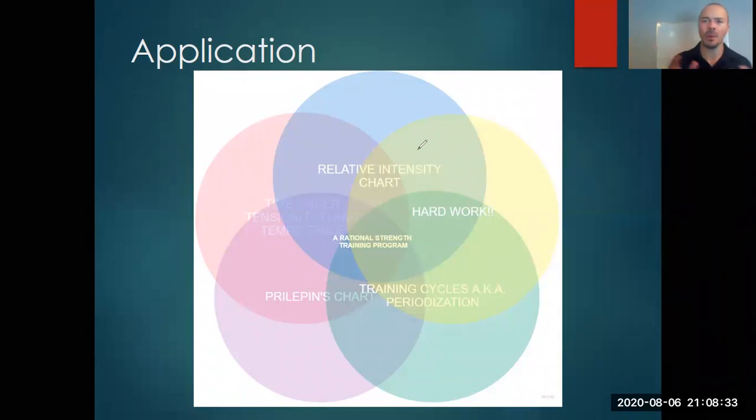But when we're applying it, when we're creating a program that's rational and logical, and it's probably going to get the job done, it's a combination of factors. Again, what we do as exercise scientists is we bring in some science, but we're also artists.